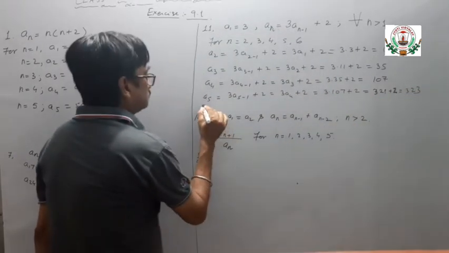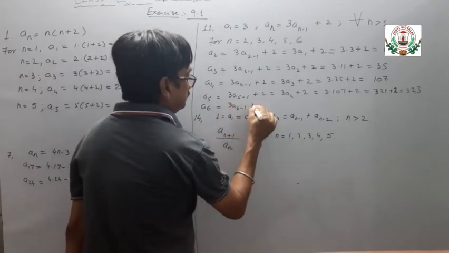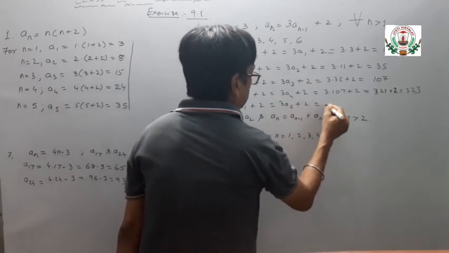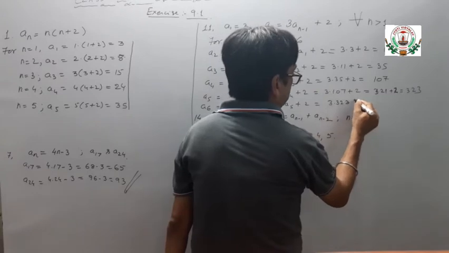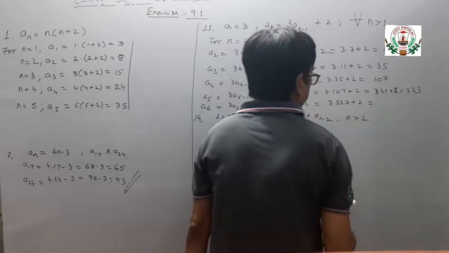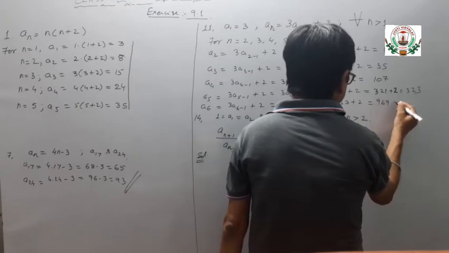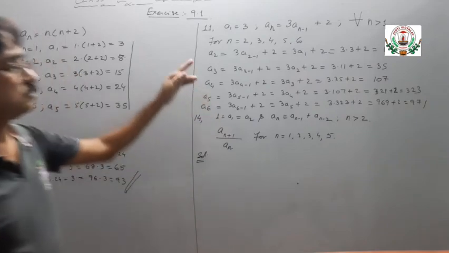The last sixth term 3a_(6 minus 1) plus 2, 3a5 plus 2, that is fifth term is 323, 3 into 323 is 969 plus 2, 971. So that is our problem.